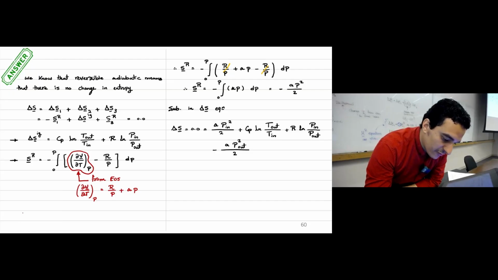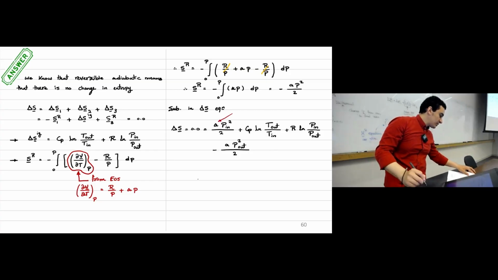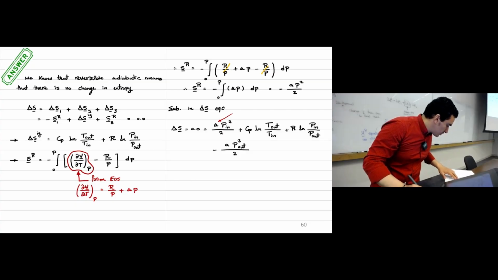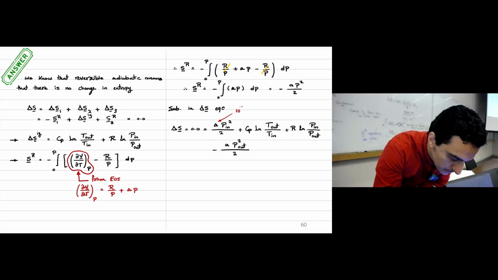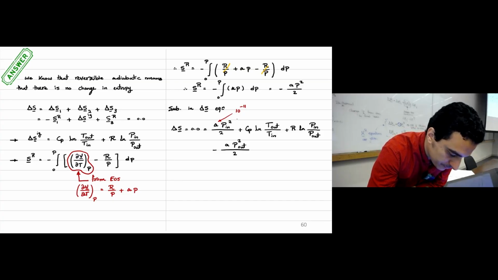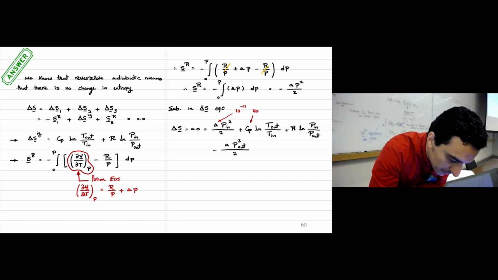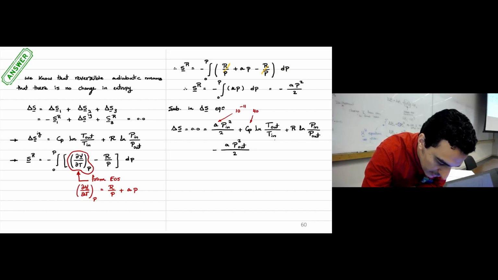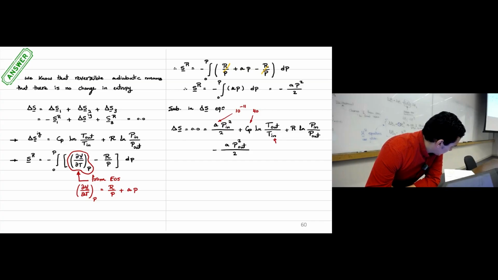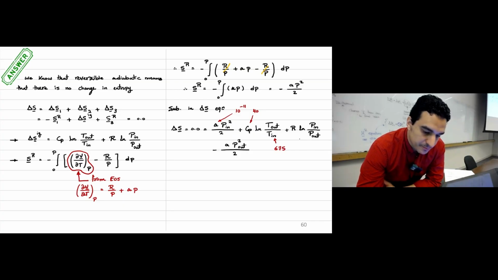For this one, the value of A was given to be 10 to the power 11. Cp, the ideal Cp, this was also given as 40. The inlet temperature was given as 675 Kelvin.